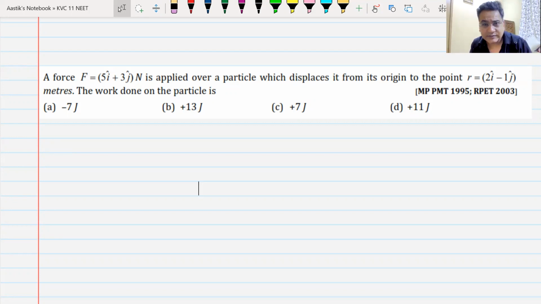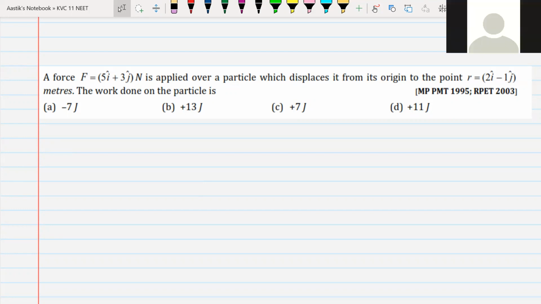I have given you the example of three-dimensional force, but in exam, you might only get two-dimensional force. This is a two-dimensional force. A force 5i plus 3j is applied over a particle which displaces it from the origin to a given point. Force is in newtons, displacement is in meters. You have to find out the work done on the particle, and you have 2 minutes to solve it and get the answer.